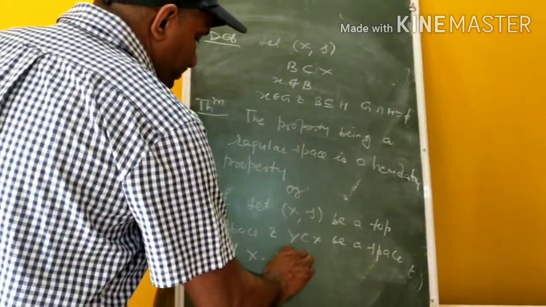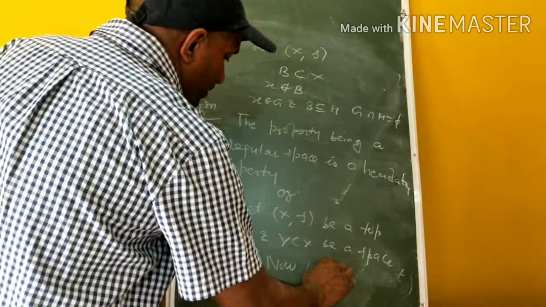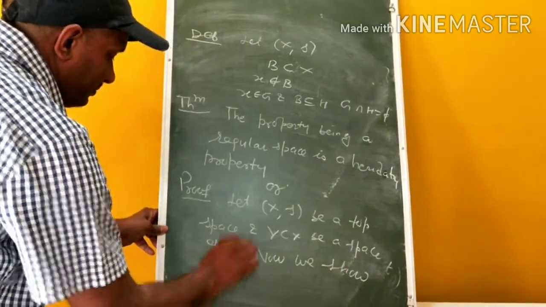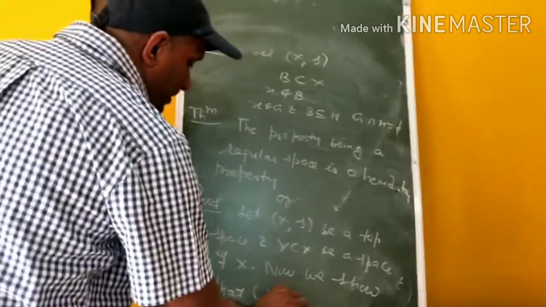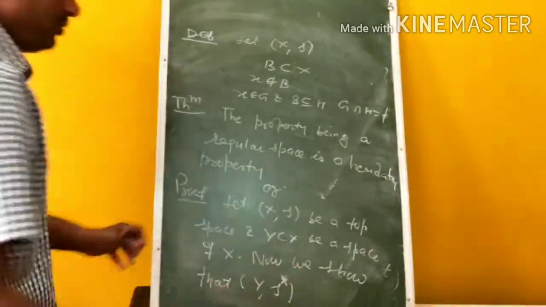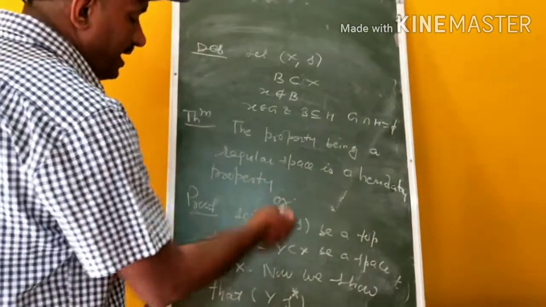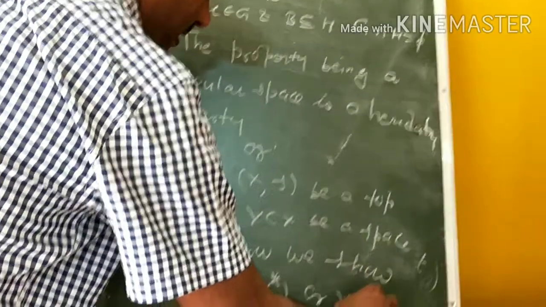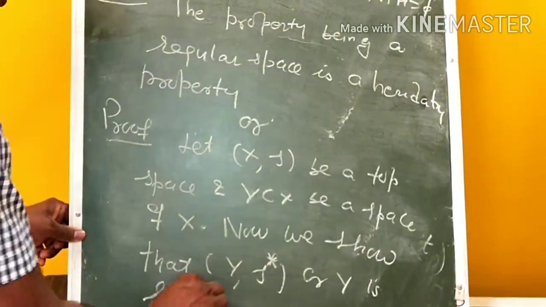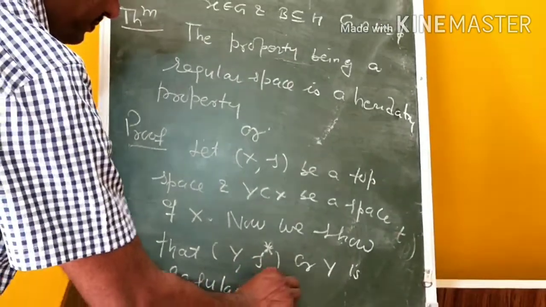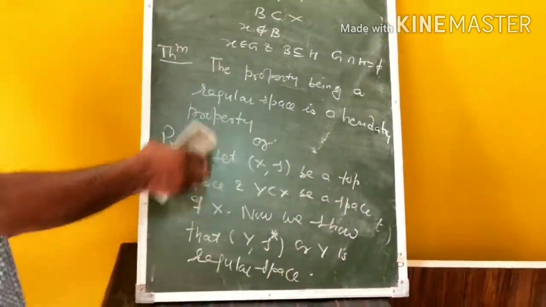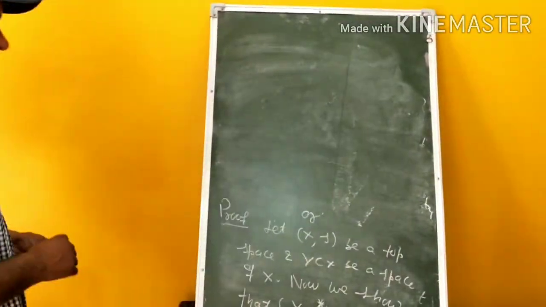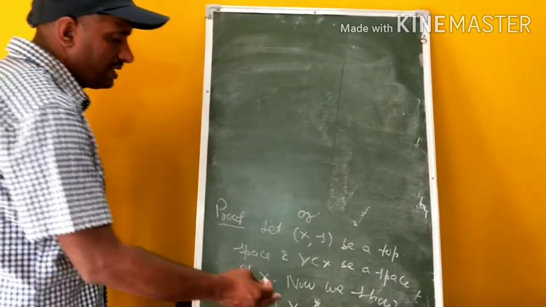Now we saw that (Y, T*), where T* is the relative topology with respect to the set X, is a regular space.